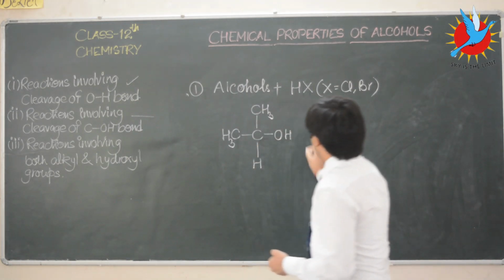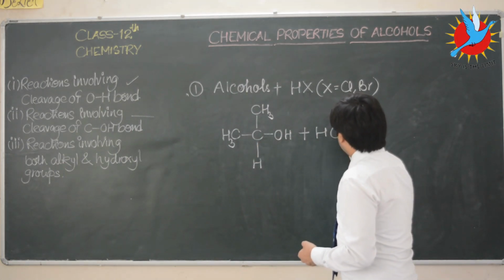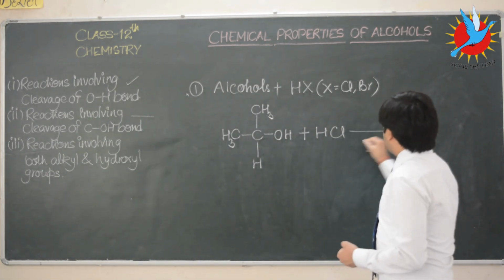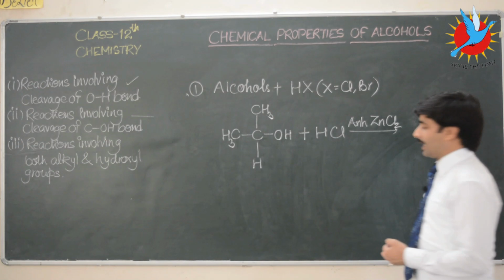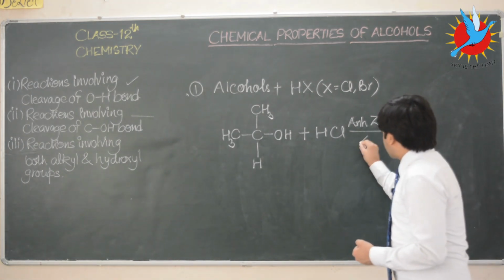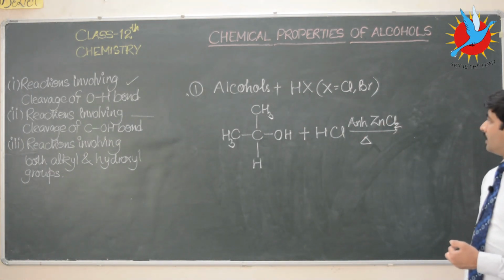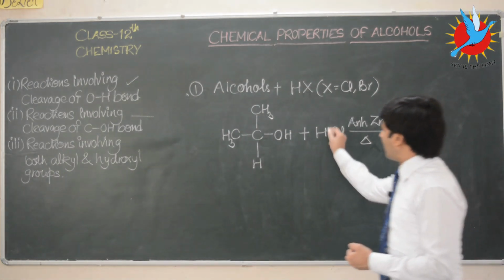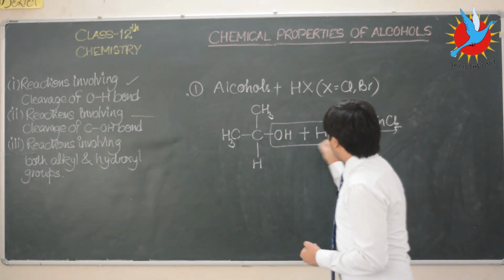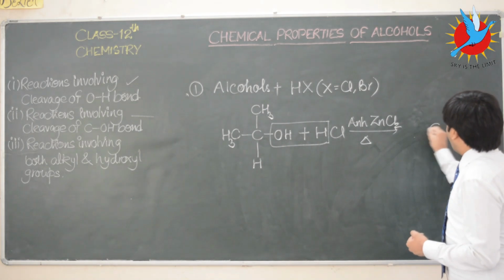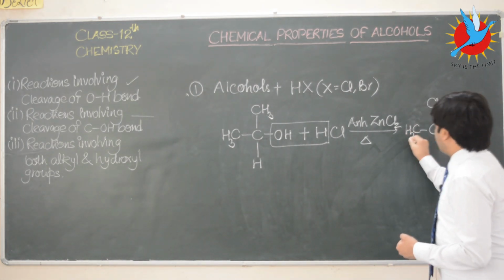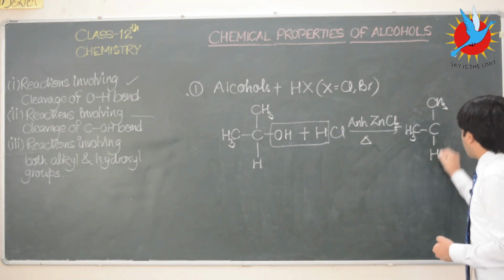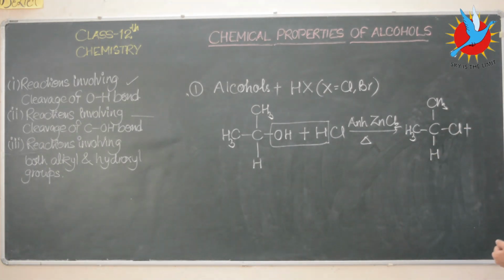Secondary alcohol upon reaction with HCl in the presence of anhydrous ZnCl2, that is zinc chloride, again needs heat, and upon reaction it will also release water molecule. Along with it, it will form secondary alkyl halide, and the byproduct will be water.